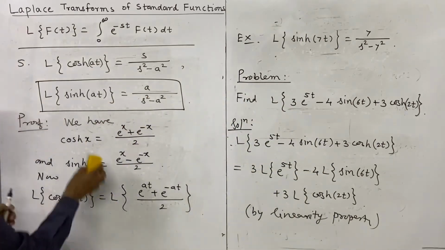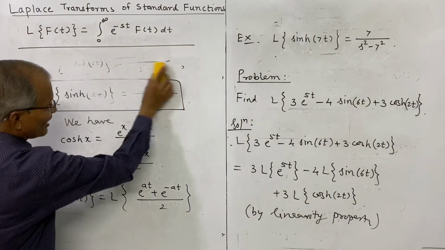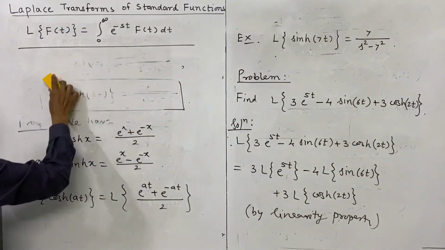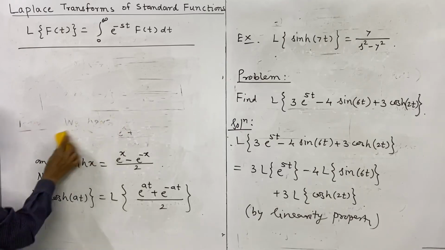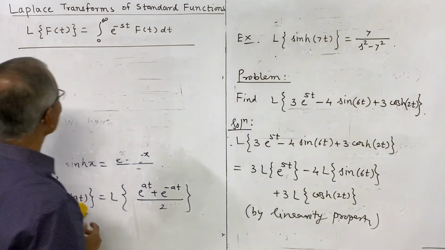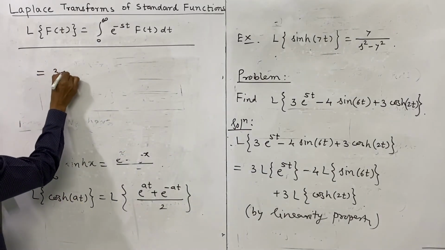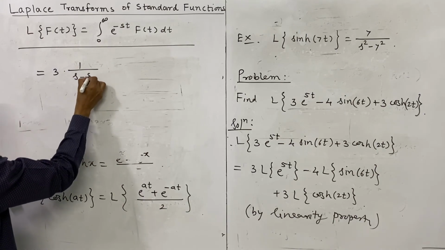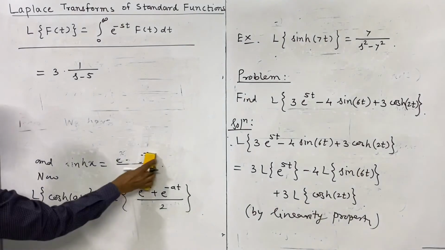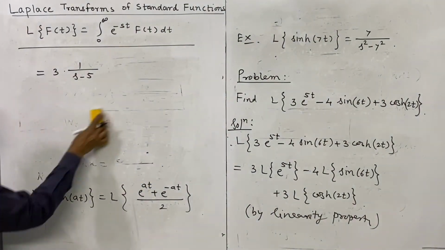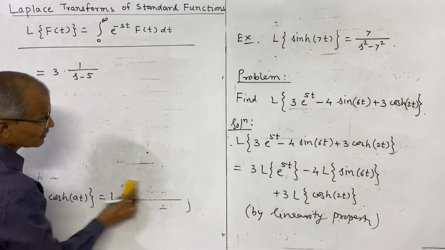Now see for the first, what is L of e power 5t? L of e power at is 1 over s minus a. Here a is 5, and therefore that will be 3 into 1 upon s minus 5. You should note which formula we are using on observing the form of the function.